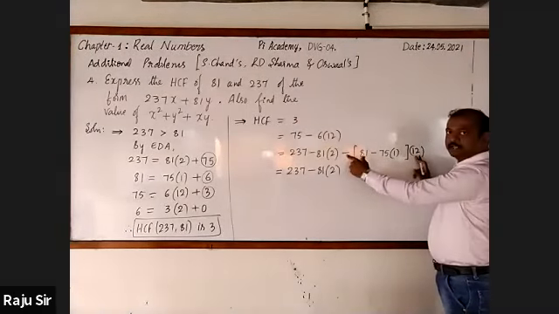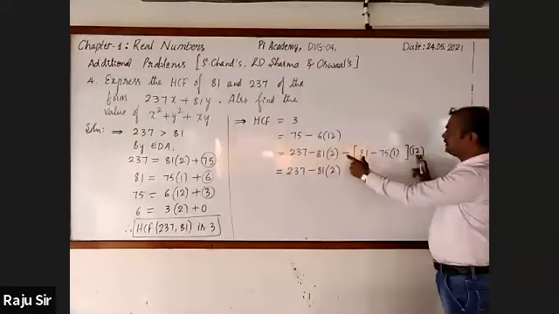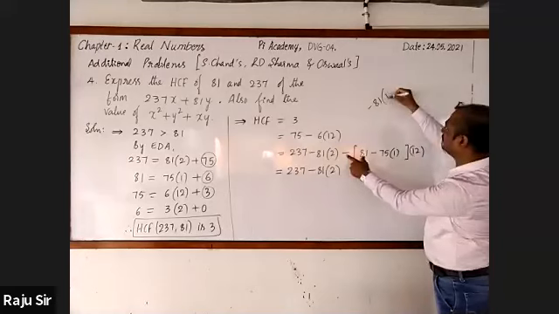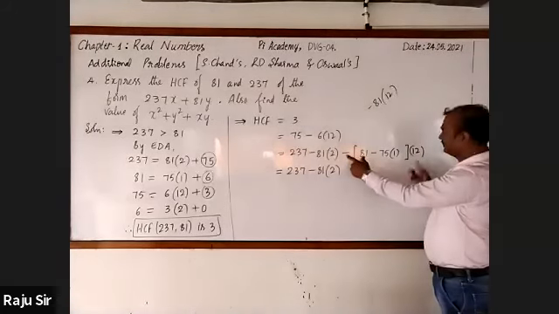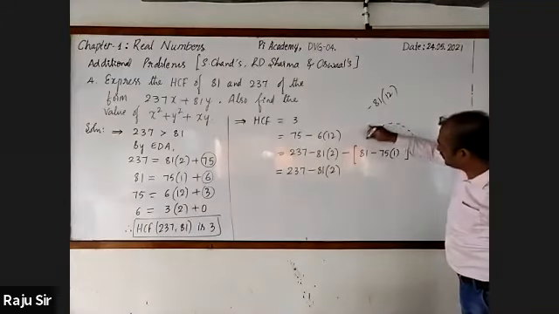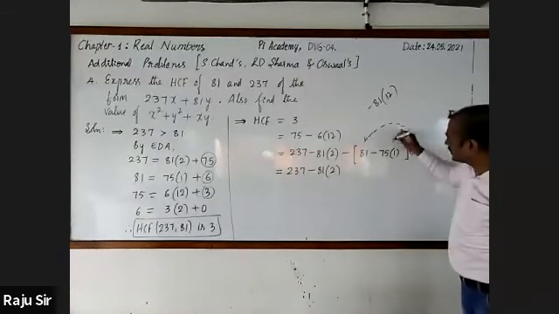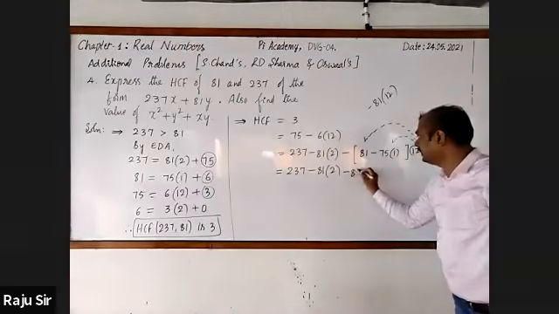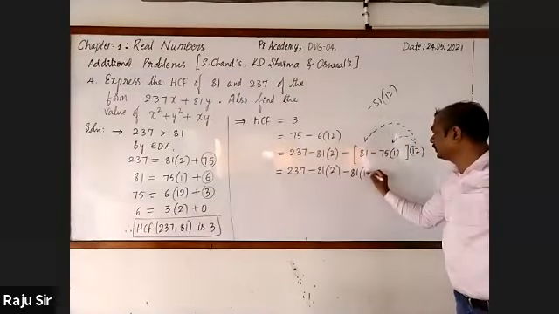Here outside the bracket 12 is there. Please multiply this. So minus 81, it will be 12 times. Did you understand? This 12 is to be multiplied here as well as this term also. Here I write minus 81 12 times.